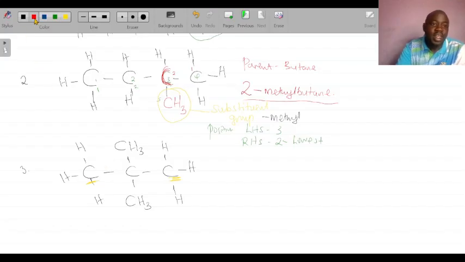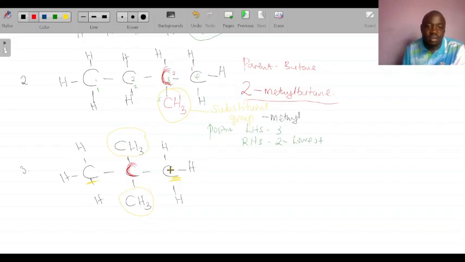So we can go ahead and give it a name. We can see it has two substituent groups. So we have a substituent group, we also have a substituent group there. Then both of them are attached to this carbon. So we need to establish the lowest position from either side.